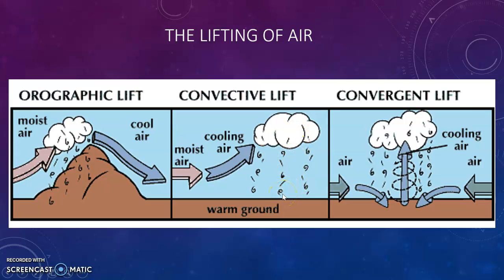The convergent lift is over here on the far right, where air from different air masses is forced to rise. So you see air coming in from the left and the right, and as it mixes or piles up, the air creates the upward lift as it comes up right about here. It's kind of like when there is a crowd.